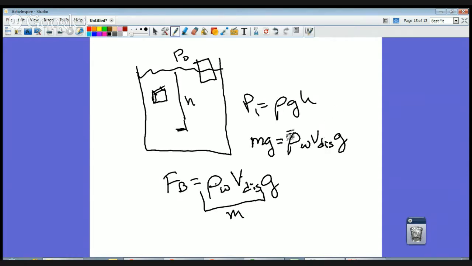But that doesn't give you the density of the thing that's floating, so what you need to do is change this into density of the thing times volume of the thing, times g. And then you can solve, because they'll tell you the percentage that's submerged, right? So that's going to be v displaced over total. They'll tell you that, so you'll know that ratio. And you'll know water, you'll know g, you find the density of the thing.